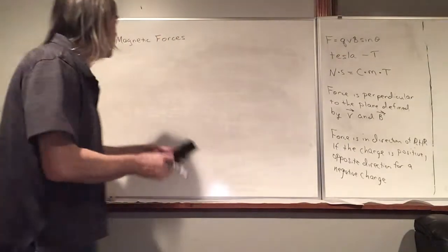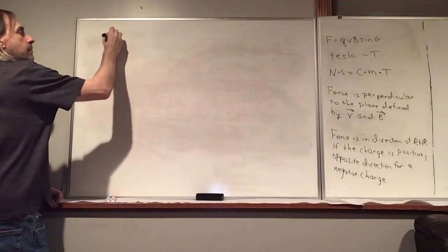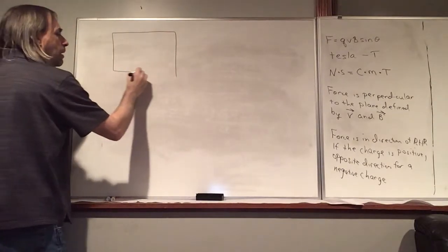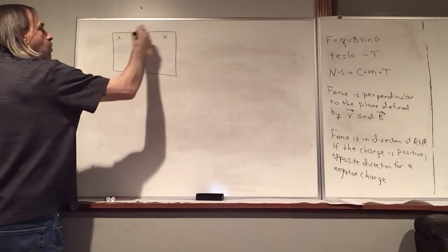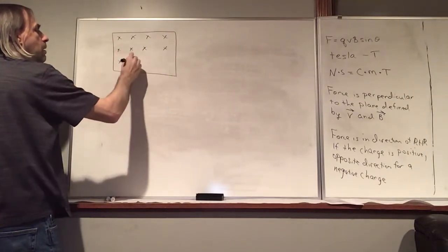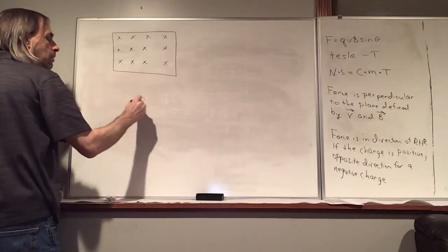So there's two things. We looked at an example. Let me draw a picture again. So yeah, let's say we have a magnetic field into the board. Say we have a charged particle.